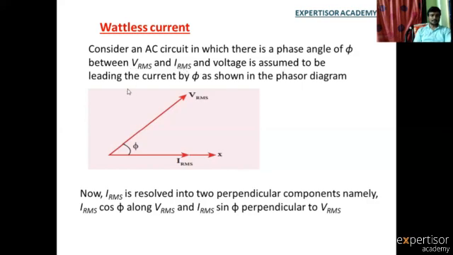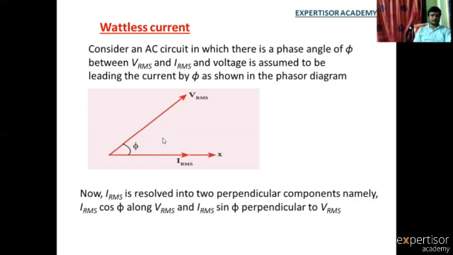The voltage is assumed to be leading the current by phi as shown in the phasor diagram. So the phasor diagram shows the information about the directions of different things, that means current, voltage, and resistive, inductive or capacitive resistance.